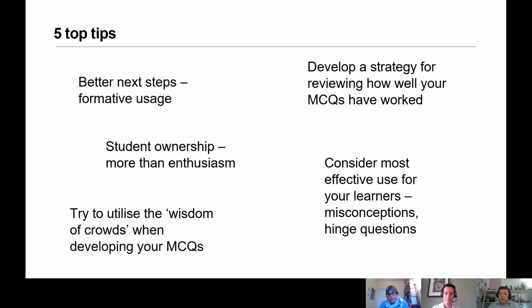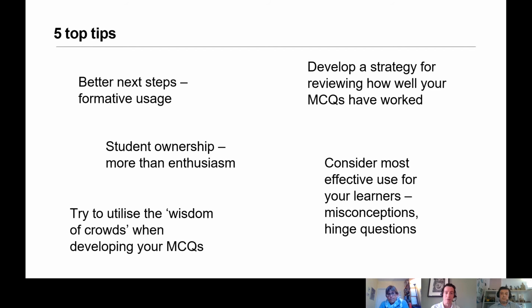I think as well, Simon, it's about a strategy as well. Yes, so I mentioned before the idea of getting people to review items or assessments that have been developed in the past, and developing a strategy around that. So for example, you may want to develop a checklist based approach, a resource that you can give to people around your particular school context, to help people review the quality of the multiple choice questions.